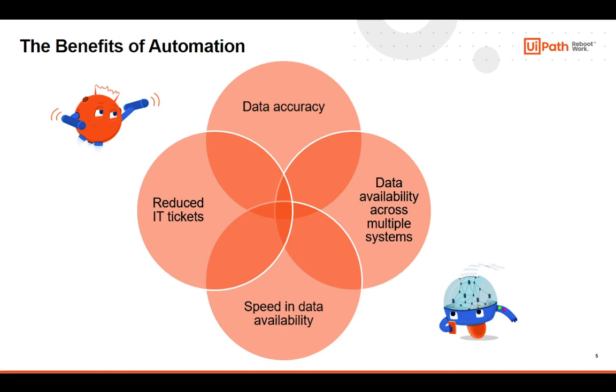Some of the side benefits of that are, again, the data accuracy, not having manual inputs, so now it's no longer really prone to human error. The speed and data availability, and then also the data availability across multiple systems. Some of the processes that we developed, if we had to do it manually, we probably just wouldn't do it.